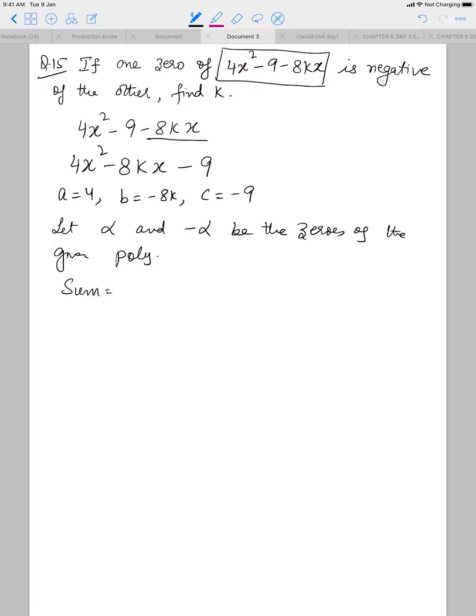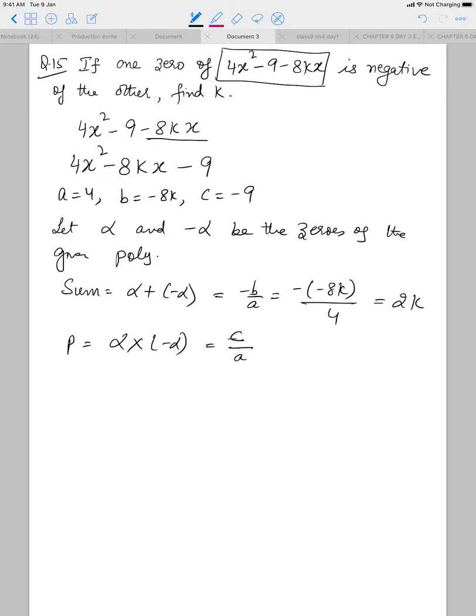Sum is given by alpha plus minus alpha is equal to minus b by a, that is minus of minus 8k upon 4, which is equal to 2k. Product is equal to alpha into minus alpha, which is equal to c upon a, and that is equal to minus 9 upon 4.